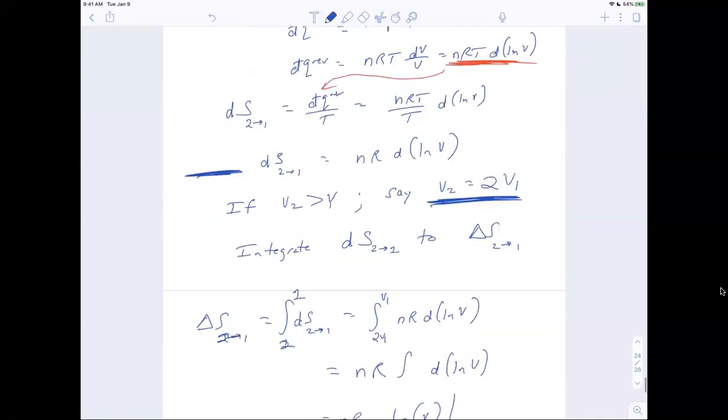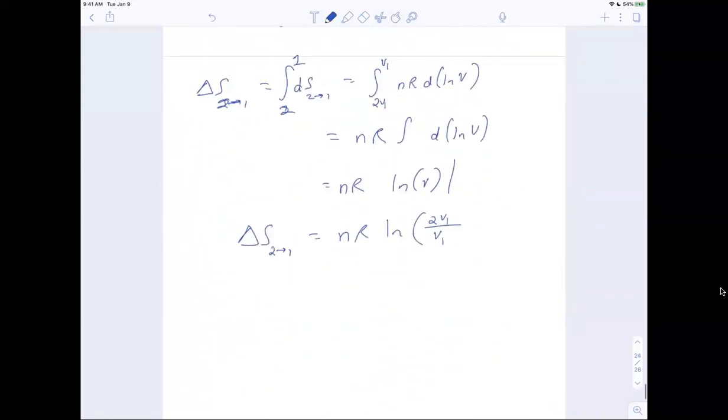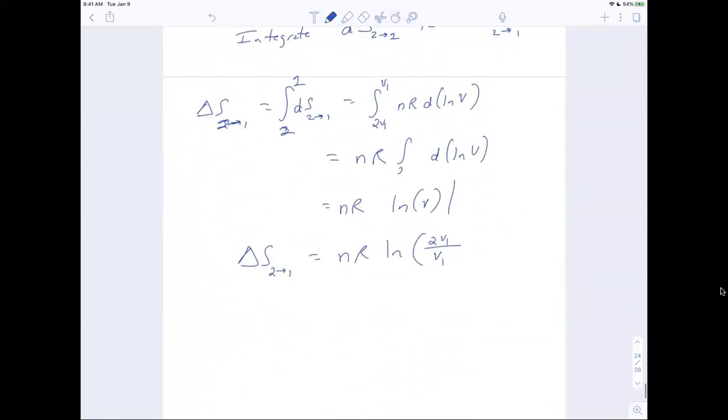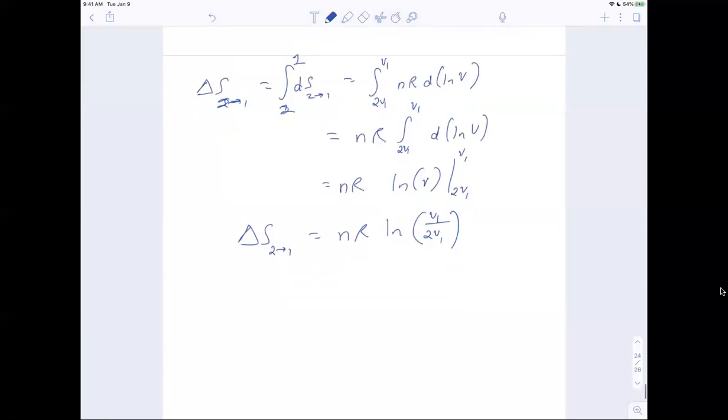I'm almost done. So we just have to change. So we're going from 2V1 to V1. And over here, then I have the final state is V1. The initial state is 2V1. This is delta S, but we can simplify that log, so it is equal to nR natural log of 1/2.